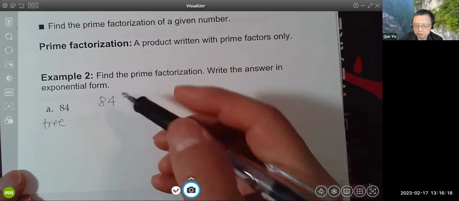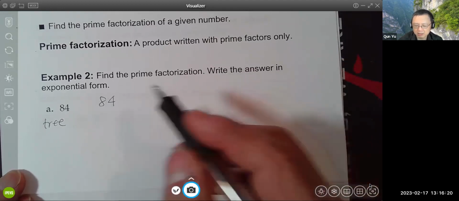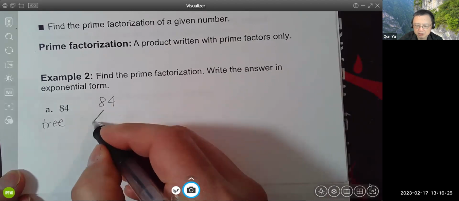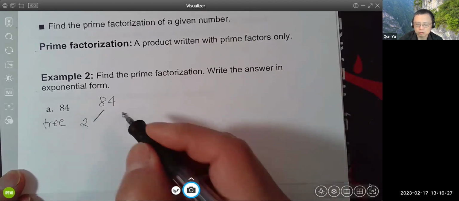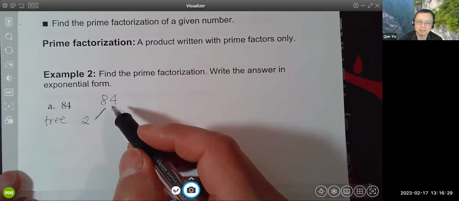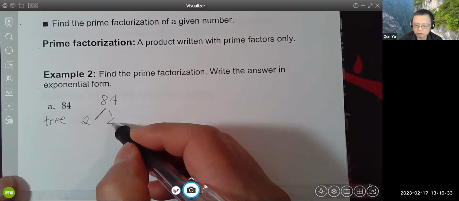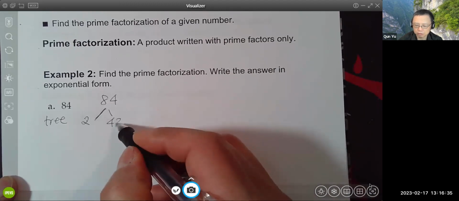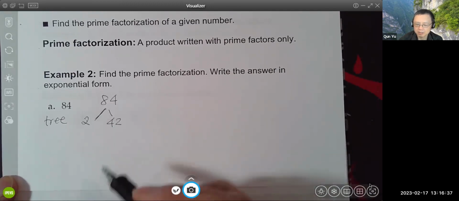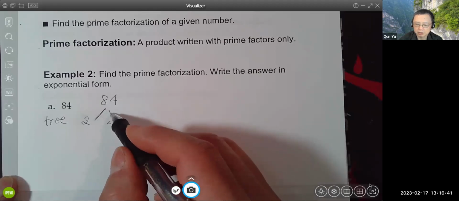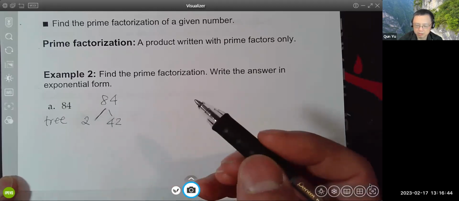Since we are doing prime factorization, I'm going to divide this number using prime numbers only. The first prime number is 2. Apparently, 84 can be divided by 2. So 84 divided by 2 is 42, and 42 divided by 2 is 21. You divide by a prime number on one branch and put the quotient on the other branch.